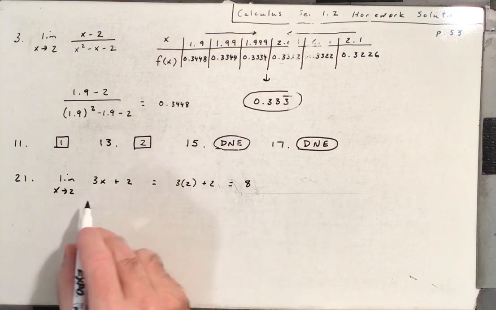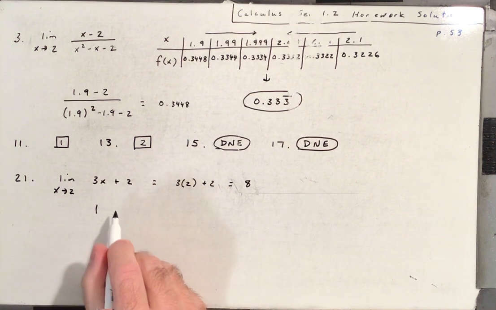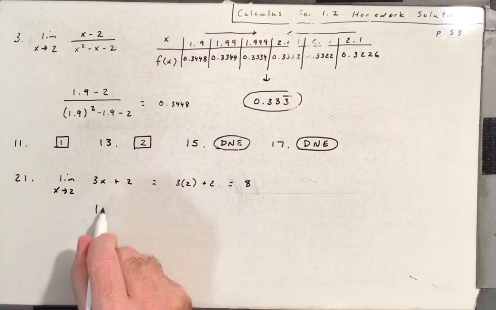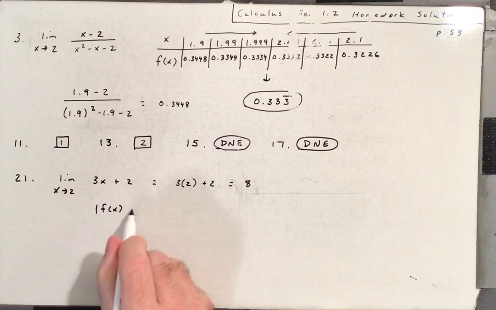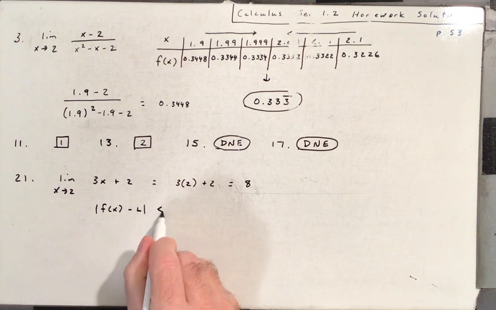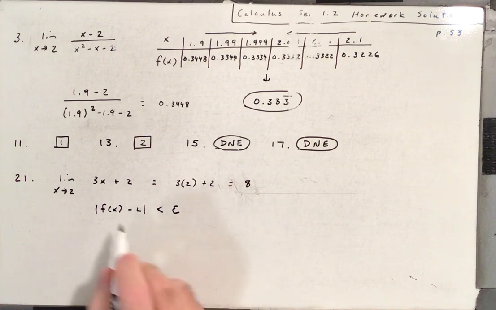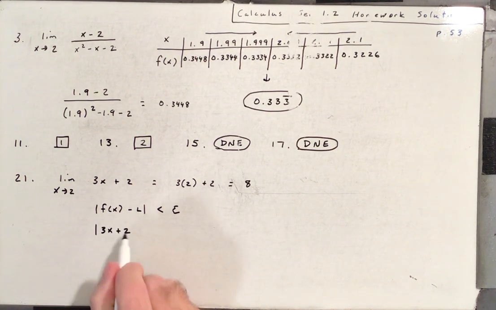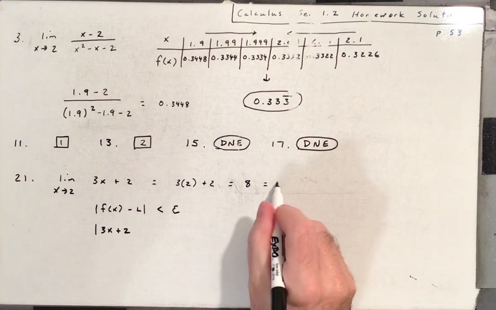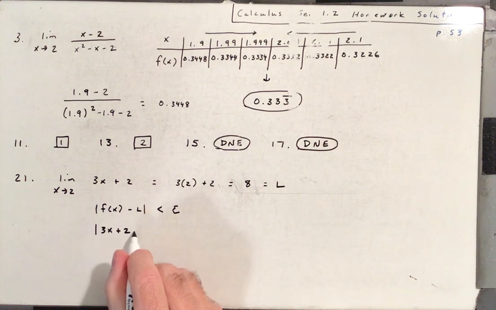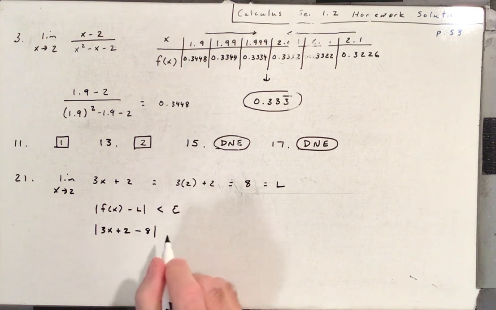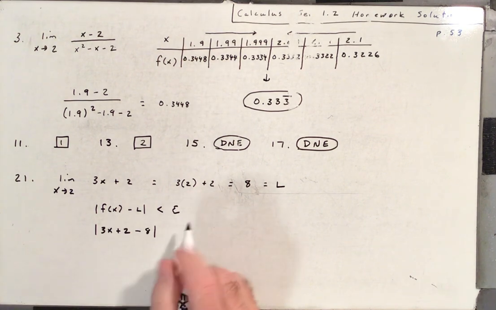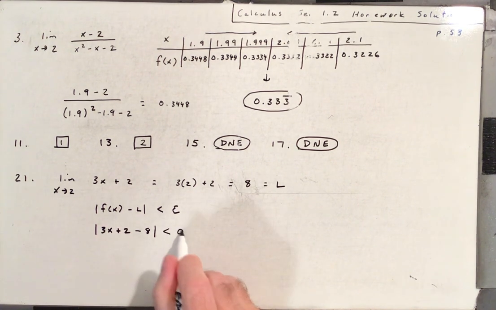Okay, so we have the form, the absolute value of f of x minus L less than epsilon. I'm going to go ahead and write it out. f of x is 3x plus 2. The limit L is 8, so minus 8. And the problem says less than 0.01.